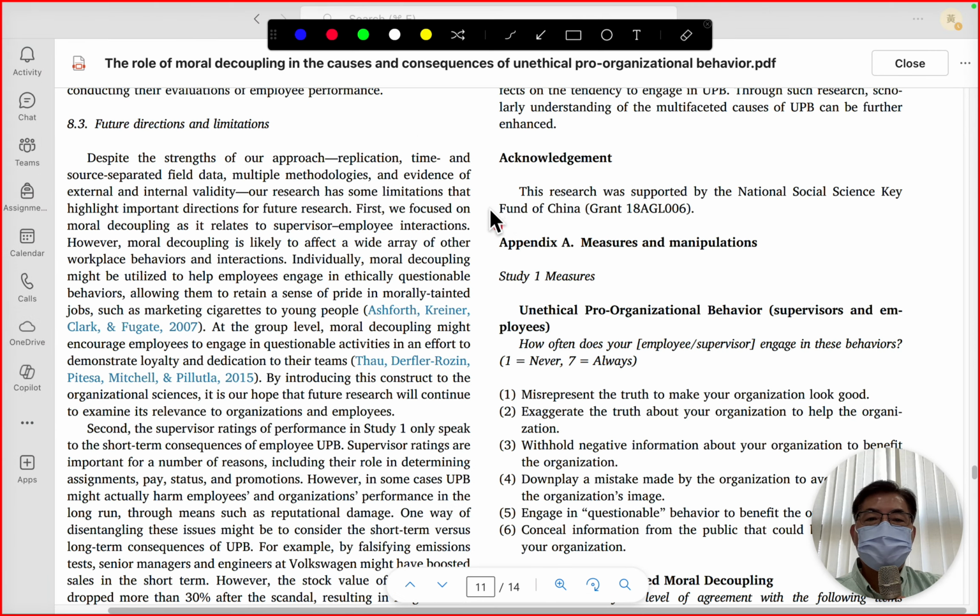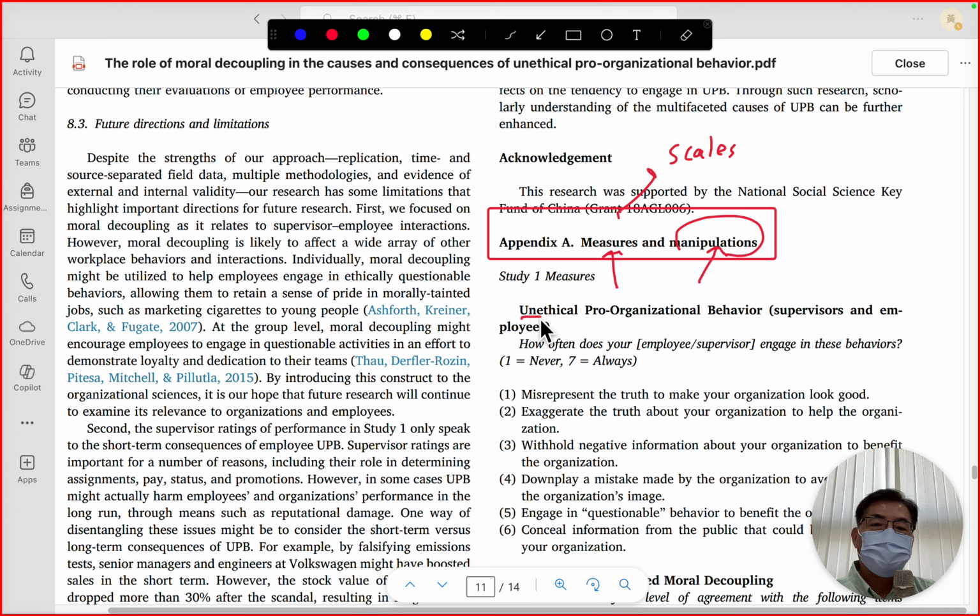So far, I'm going to focus on the first one, called measures, or sometimes people just call them scales. Each concept has its own scale. Got it? For example, in this one, unethical pro-organizational behavior is one concept, one construct.